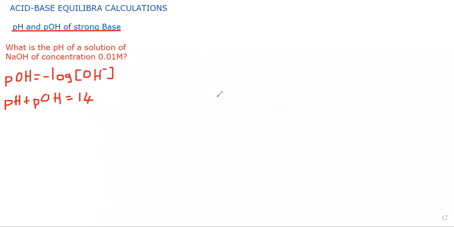So the first thing we're going to do is find pOH. The pOH is equal to negative log 0.01. And the answer is 2. But this is pOH. You want pH.